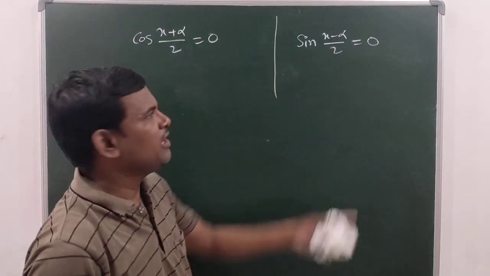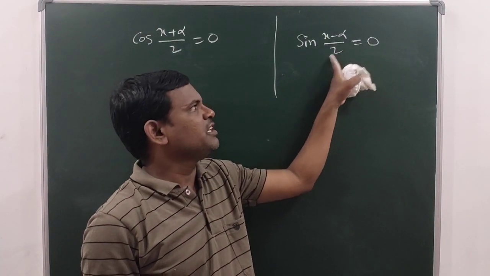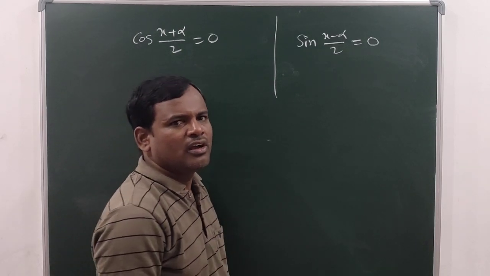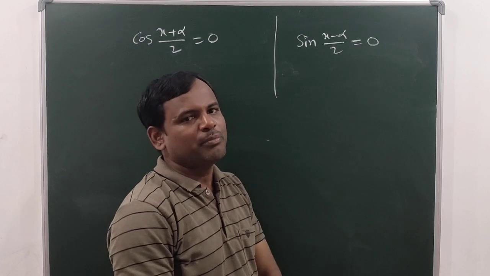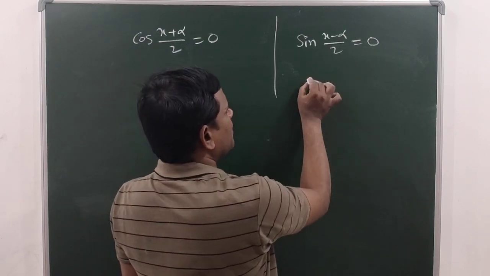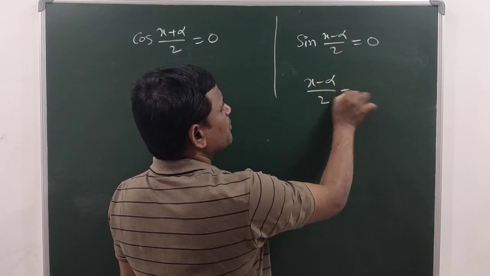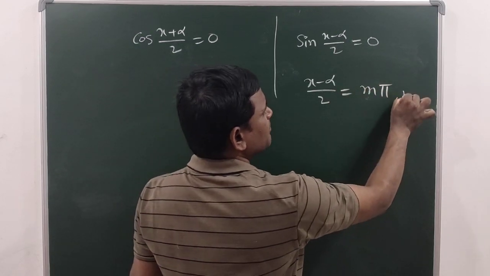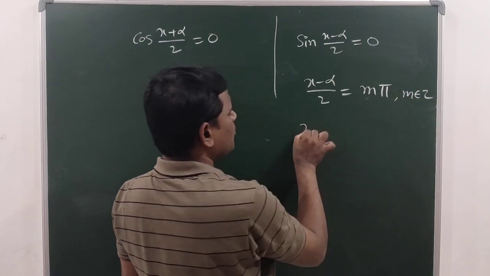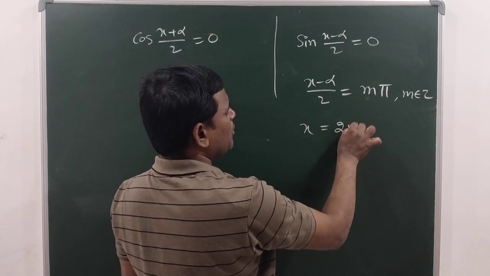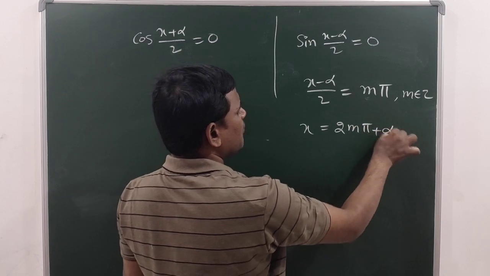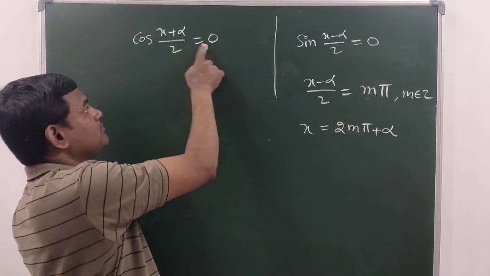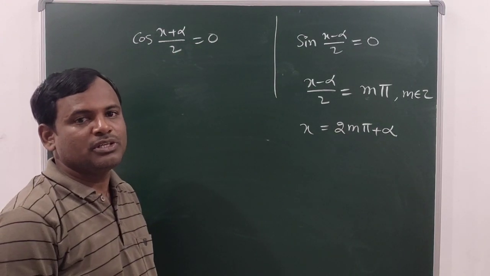Now, just now we have seen where this function results in 0, when x equals n pi. So here (x minus alpha) by 2 is equal to m pi, where m belongs to integers. Now x is equal to what do you get? 2m pi plus alpha. Here also, where do you get cos x equal to 0?